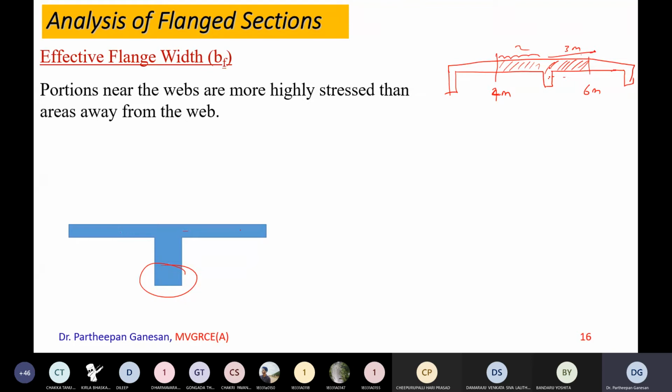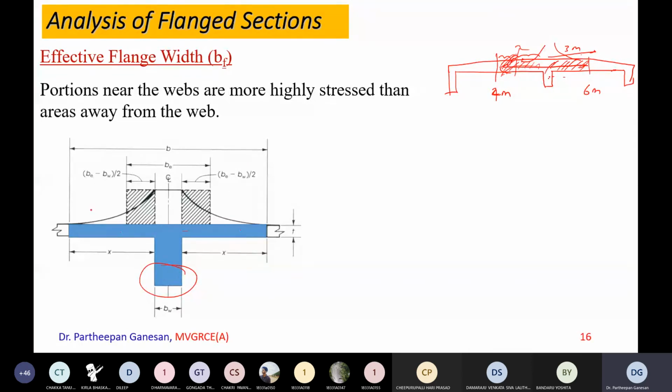Now, it's not that the entire slab will resist all the compressive force. Your compressive force may vary like this. Only 1 meter may be taking compressive force. After that, it may not take any compressive stress. So that's why I put here, this is a compressive stress distribution. Your slab is going this length.